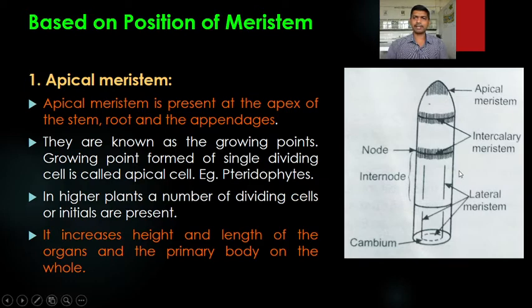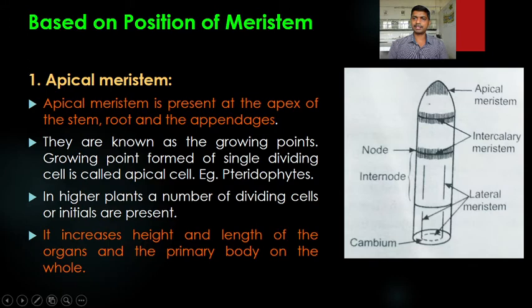In this diagram we can see the apical meristem, which is present at the apex, the tip of the stem, root and the appendage. Because it is present at the apex, it is called apical meristem.